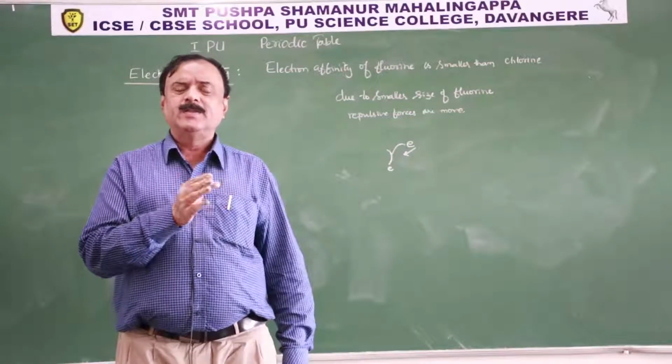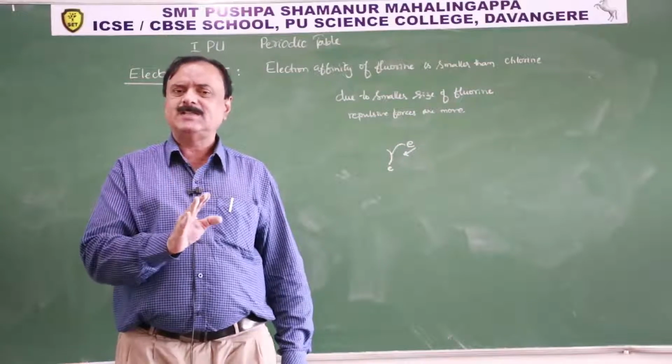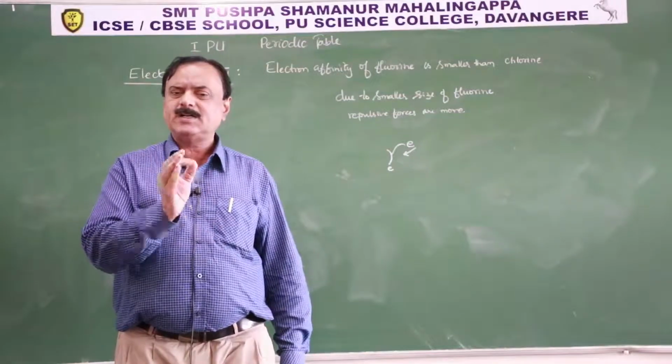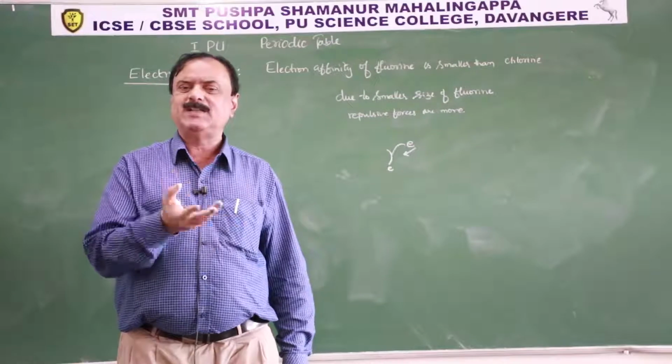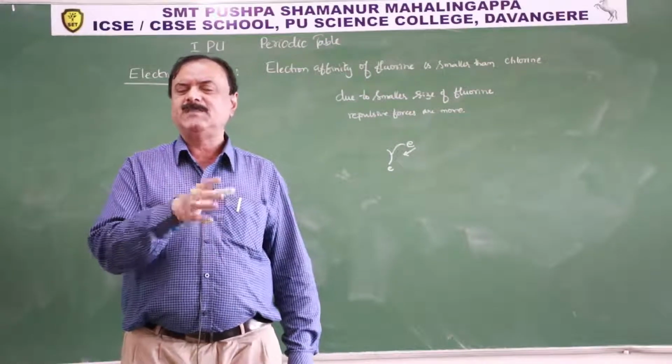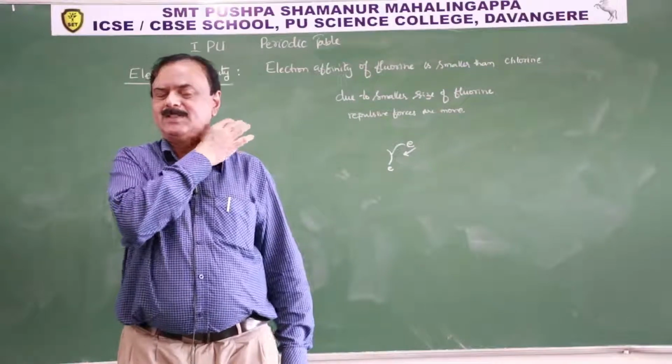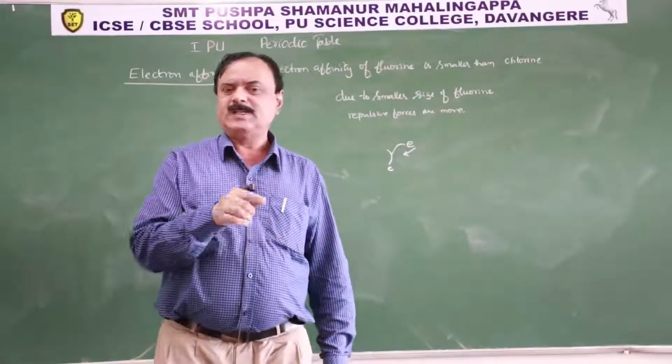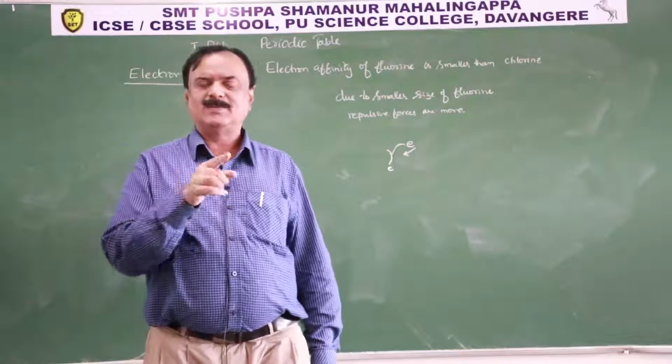Therefore, in this exceptional case, the electron affinity of fluorine is smaller than that of chlorine. Then from chlorine onwards, the electron affinity value decreases. The electron affinity of bromine is smaller than that of chlorine.